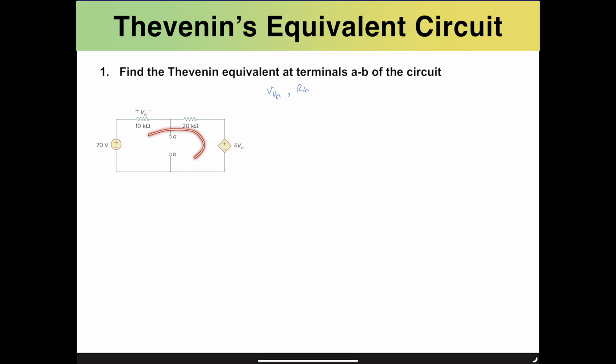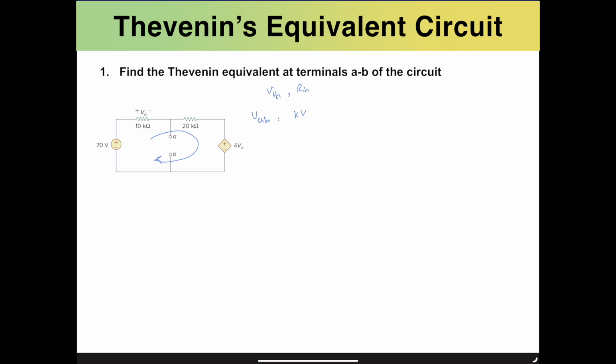So now we have a single loop essentially, because A and B are open circuited. We can make use of KVL on this loop in the clockwise direction.